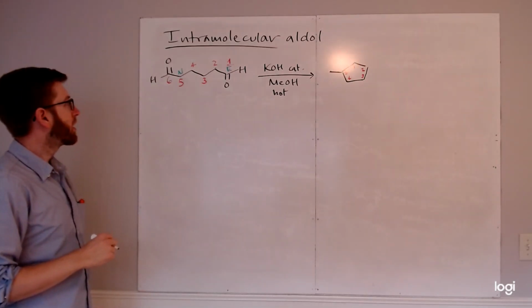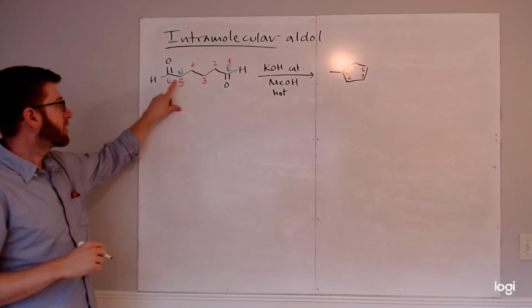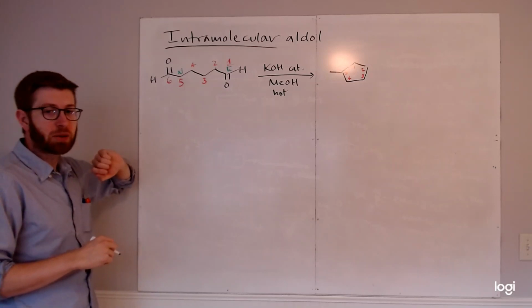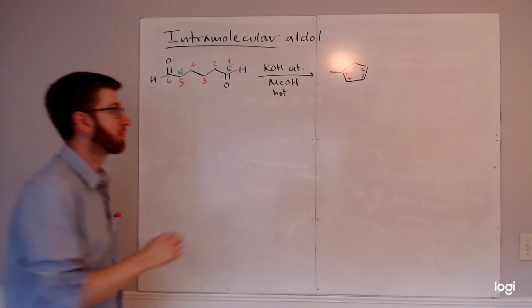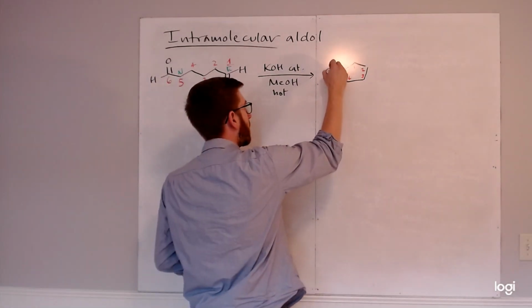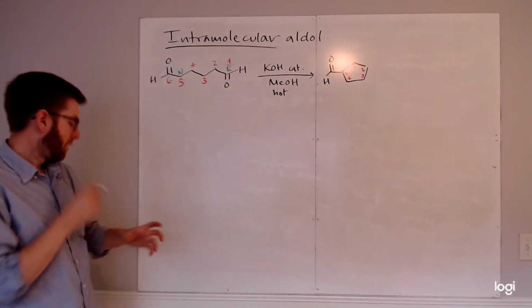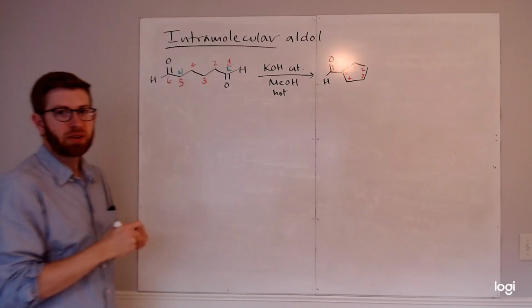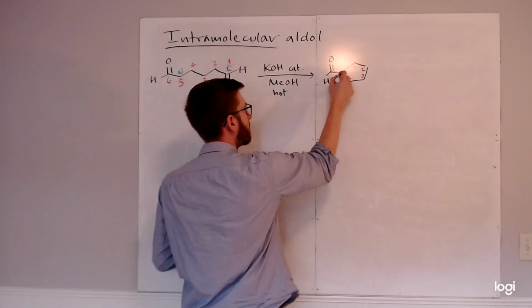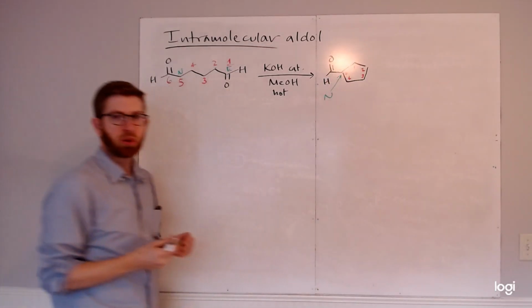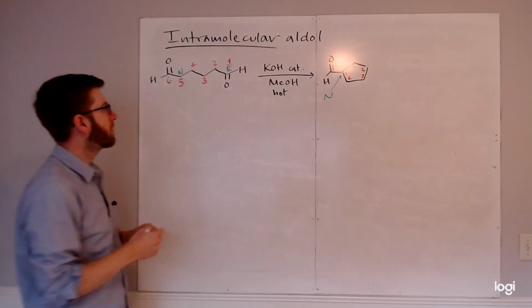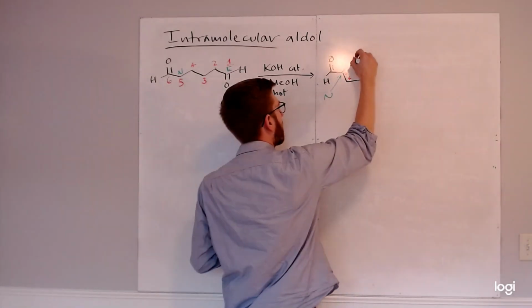And I also know that on carbon 6, because I chose carbon 5 as my nucleophilic position, I'll still have a carbonyl. So I have an aldehyde in this case. Carbon 5 was my nucleophilic site in the reaction, so I'm going to put that onto my structure also. Carbon 1 was my electrophilic site.